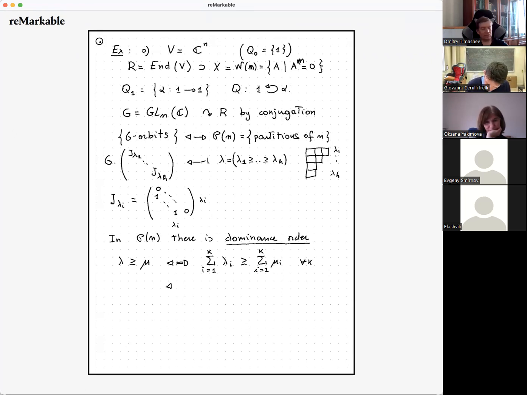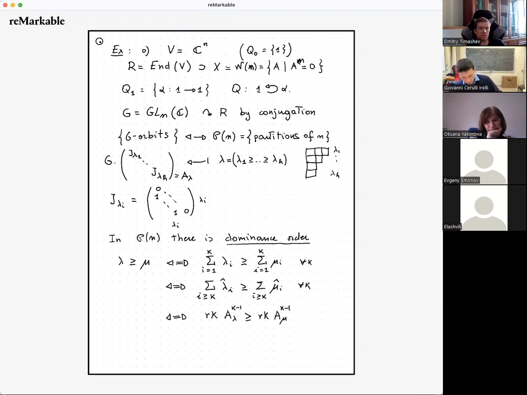Which is actually equivalent to saying that the sums of the columns are ordered, for all K, which is equivalent to the rank of this matrix, let's call it A lambda, to the K, or maybe K minus 1, being bigger or equal than the rank of A mu to the K minus 1.